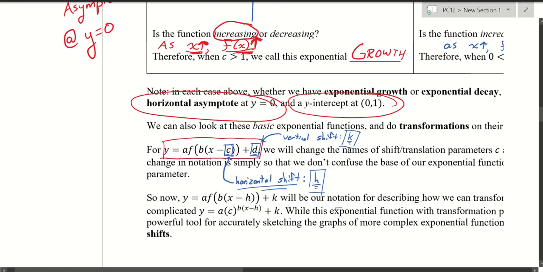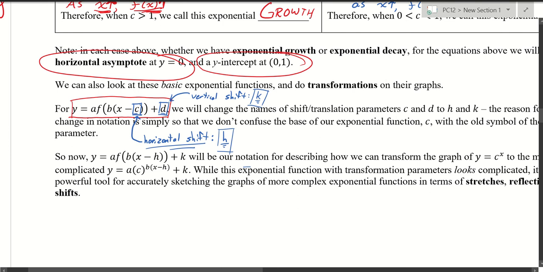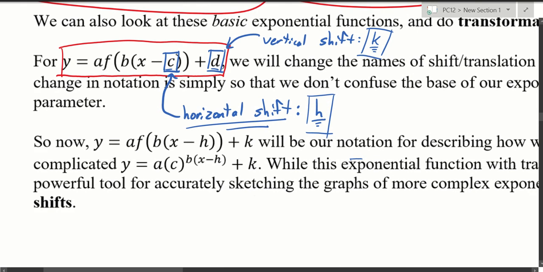So just note that change. So our parameters for our transformations will now look like this. y equals a times f of b times (x minus h), all plus k.